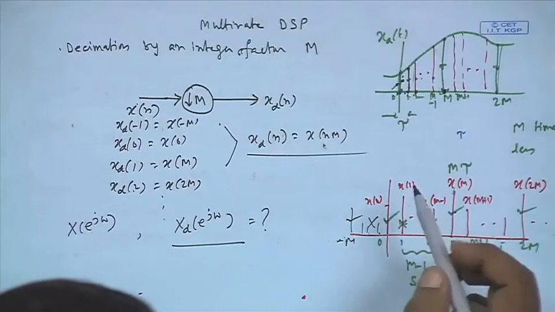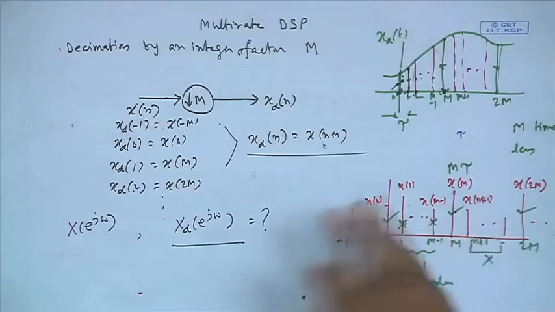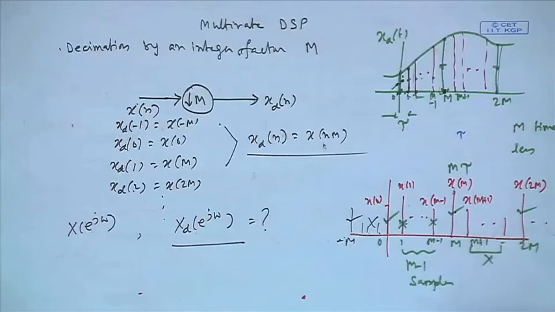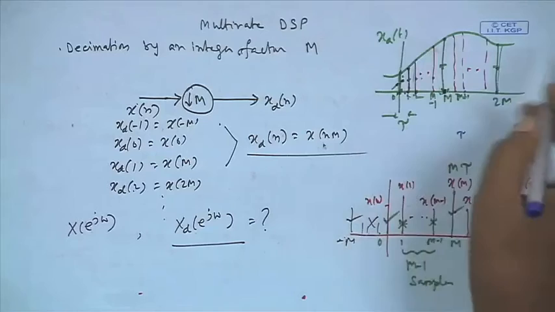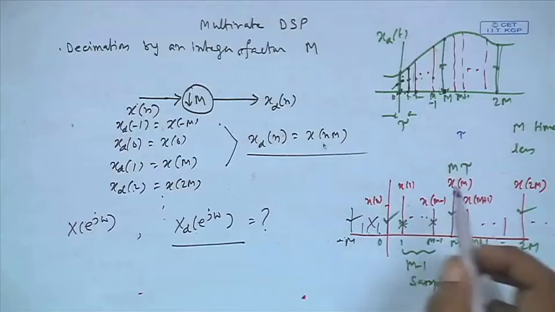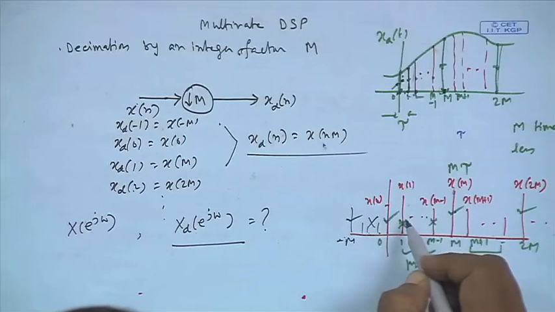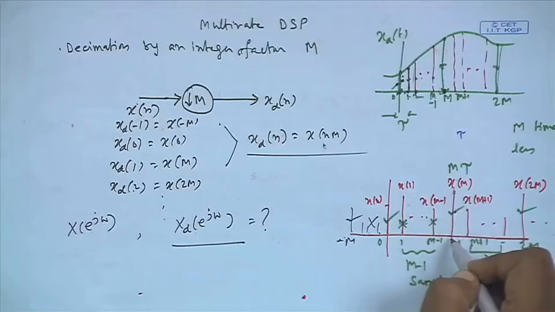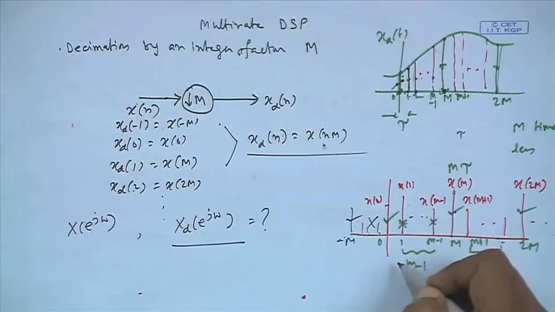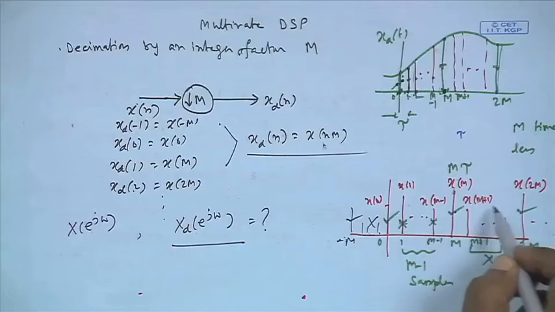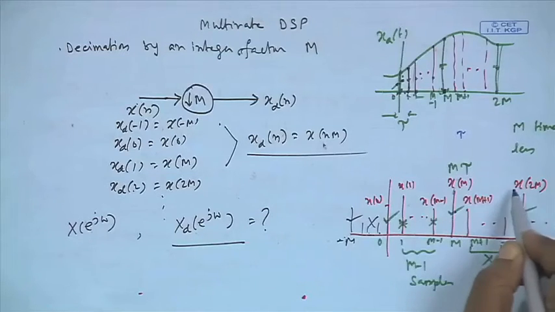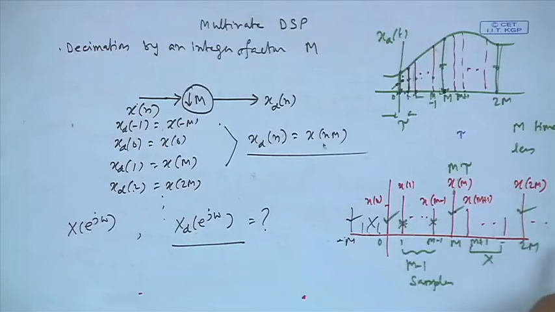Alternatively, the sequence could have been obtained just offline, you just generated this data through a computer or whatever, not necessarily obtained by sampling an analog signal. Even then you take 0th sample, then discard the next m minus 1 samples, then take the next sample, that is mth, call it sample number 1, then again discard the next m minus 1 samples, then take only the 2mth guy x 2m, call it sample number 2, dot dot dot.